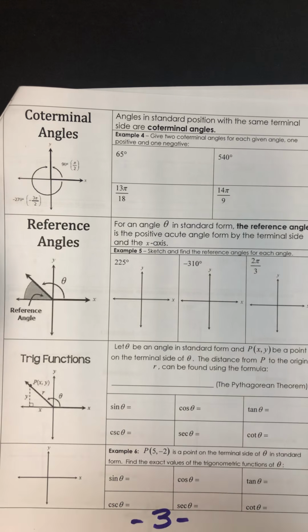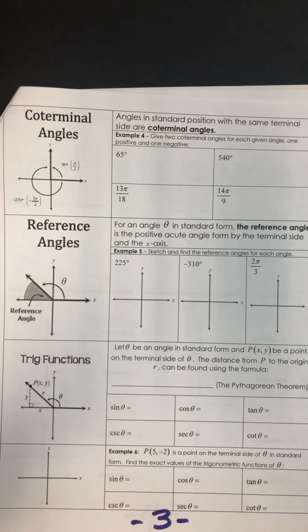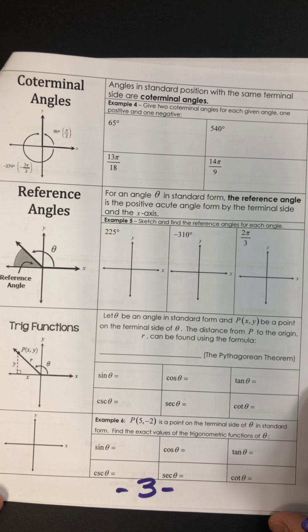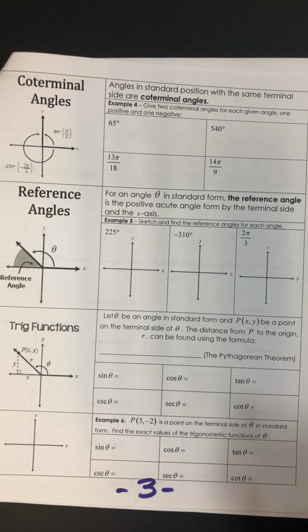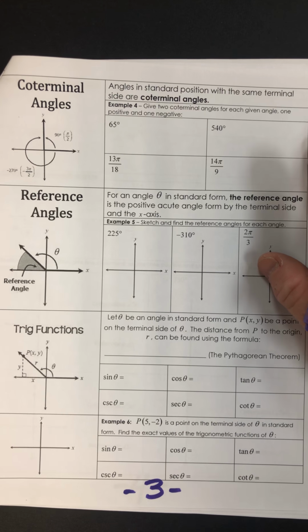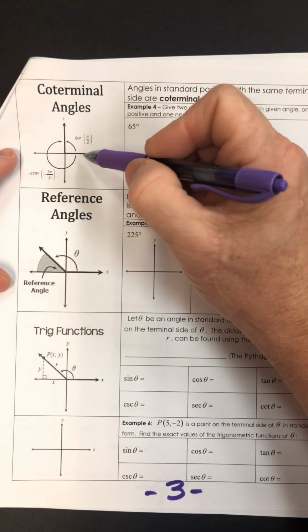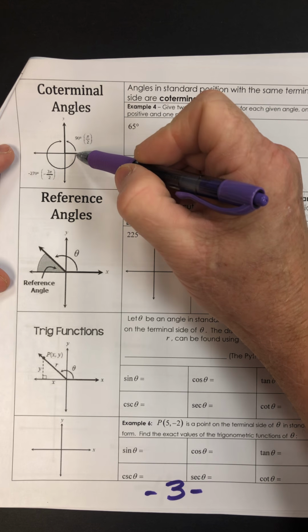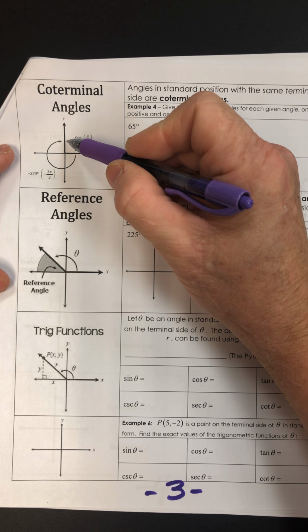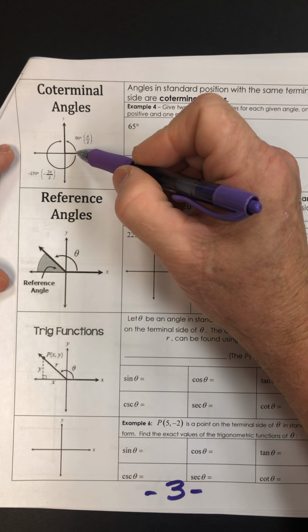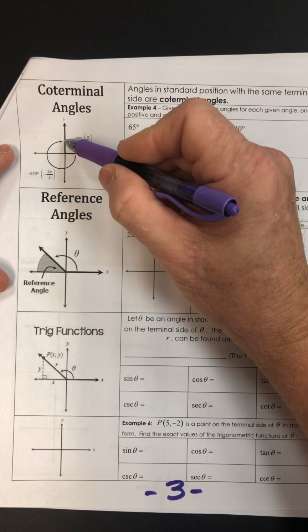This term here called coterminal means two angles, or multiple angles, that terminate or end at the same place. So for example, if I started here and went to 90 degrees, like it's showing here, or pi over 2 radians, that's where I ended.